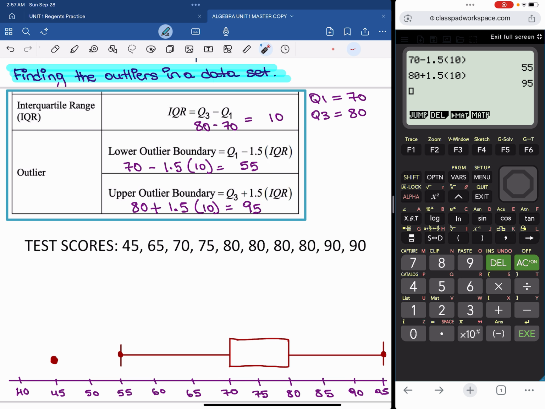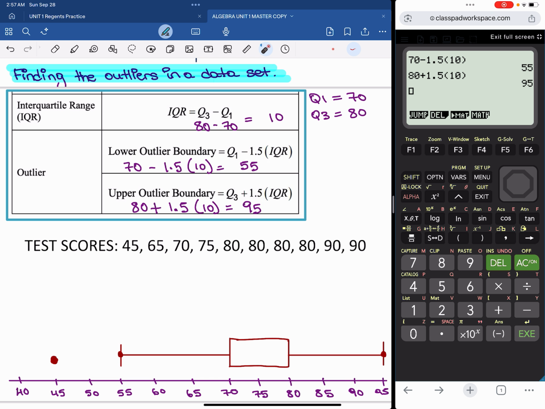Since we don't have any number greater than 95, or any number greater than our upper boundary, we don't have any outliers on the upper side of the data set, which is fine. And that's it. So 45 is our only outlier. If we looked at the data set, we could have guessed that 45 would be an outlier just because it's way smaller than the rest of the data, because the rest of the data are like 60s, 70s, 80s, and 90s.